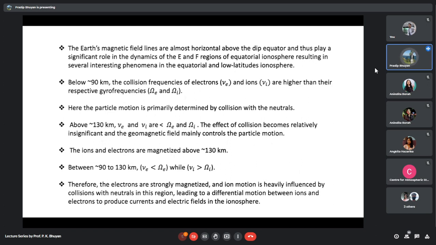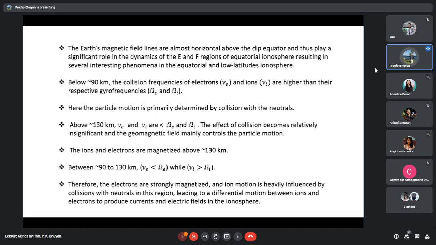So near the equator, your magnetic field lines may not be very effective below the E region height. That's why what we are talking about is the magnetic field lines controlling the particle motion, or ion-electron motion, or the plasma motion, above the E region height.